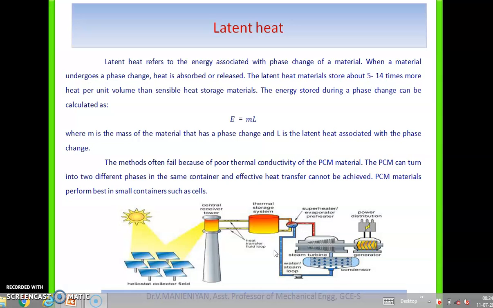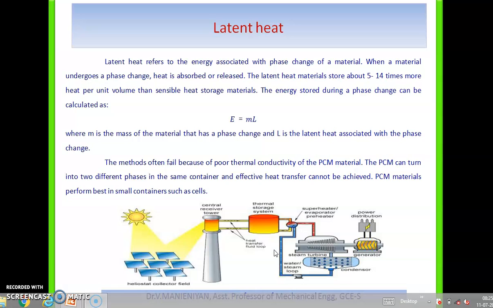The phase change material must have a high latent heat effect and store a large quantity of heat. The material should be available in large quantities, and the preparation of the phase change material for use must be relatively simple.